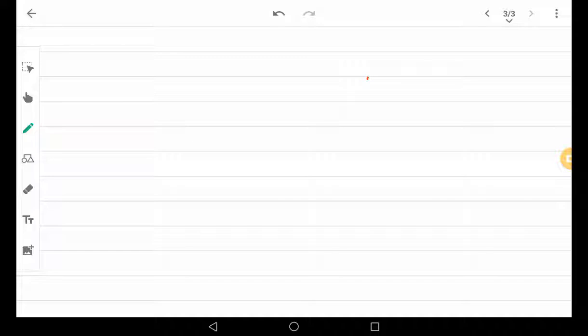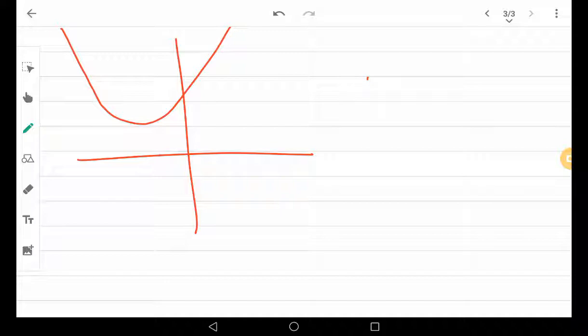So you can request a new page. Graph, so we have minus 1 and 4, 0 and 6.